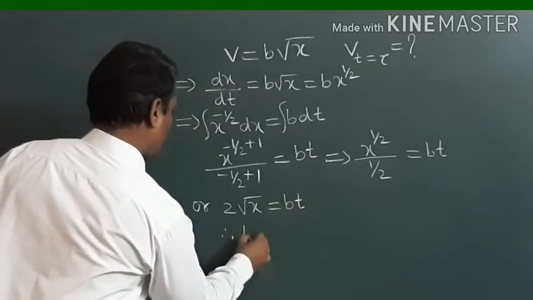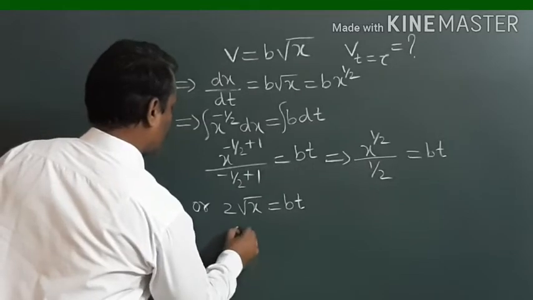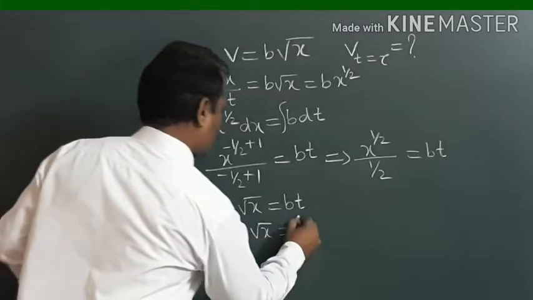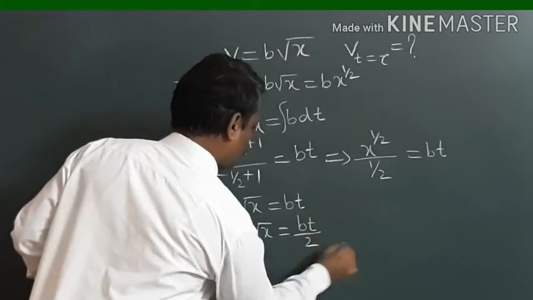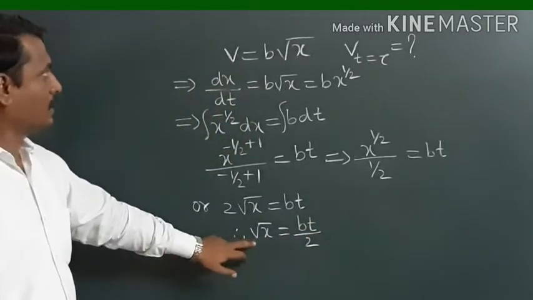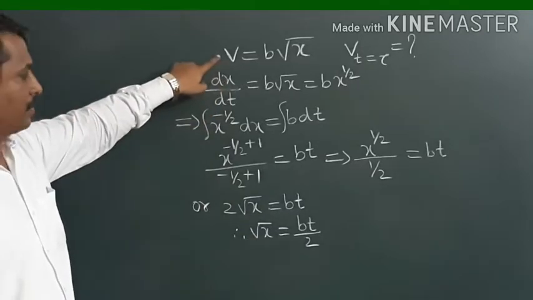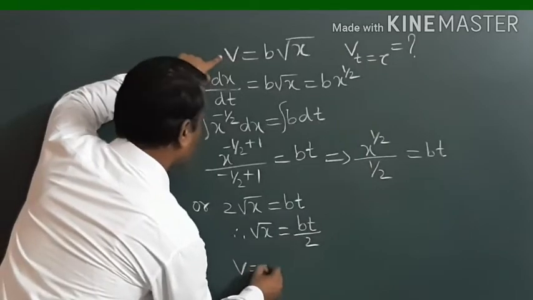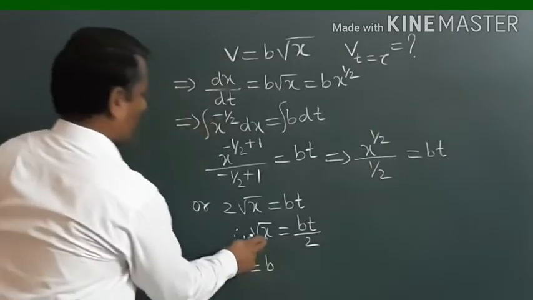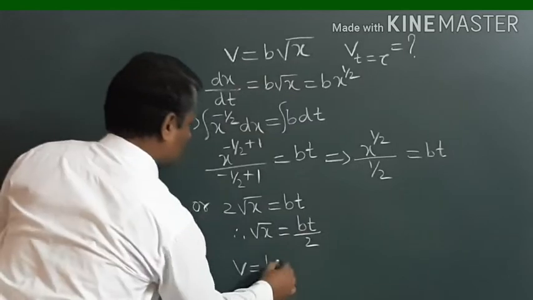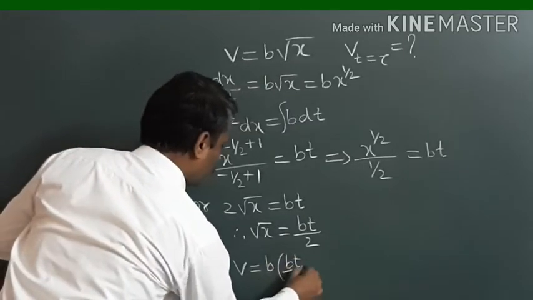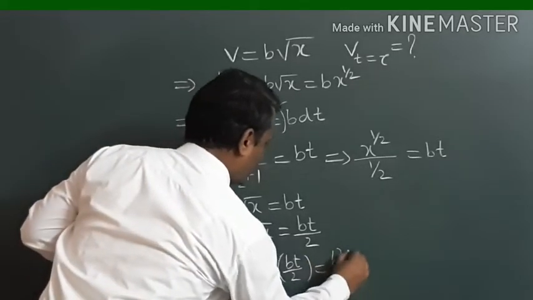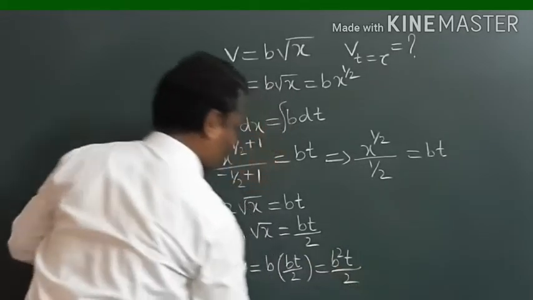Therefore root x is equal to bt by 2. Now I substitute this in this equation. Then this equation becomes v is equal to b, in place of root x I will write this, then bt by 2. Then it is b square t divided by 2.